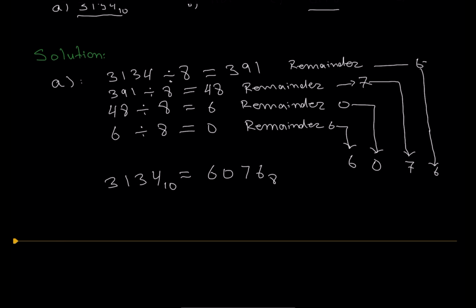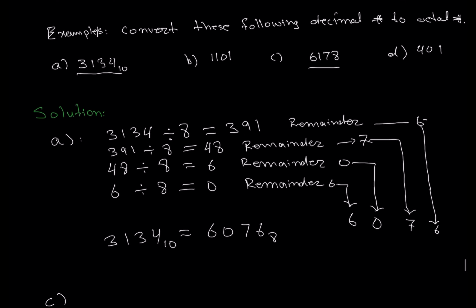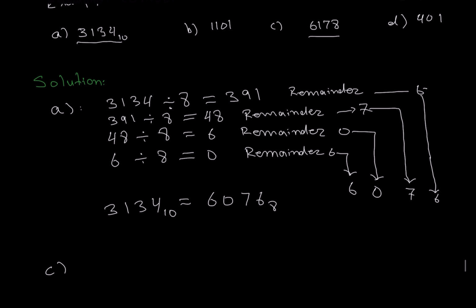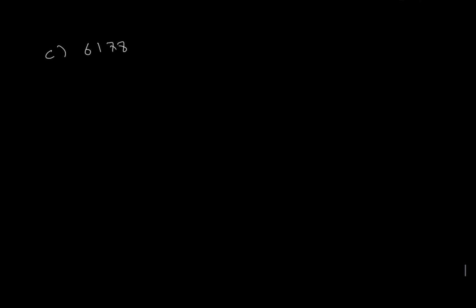Okay, so example C was 6178. It says write this number as an octal number. So that's a decimal number. We will have to divide this number by 8. 6178 divided by 8.